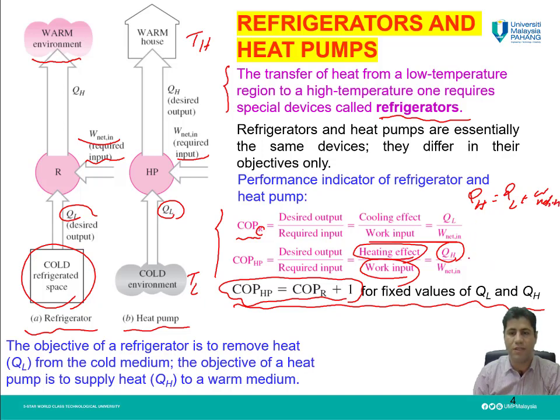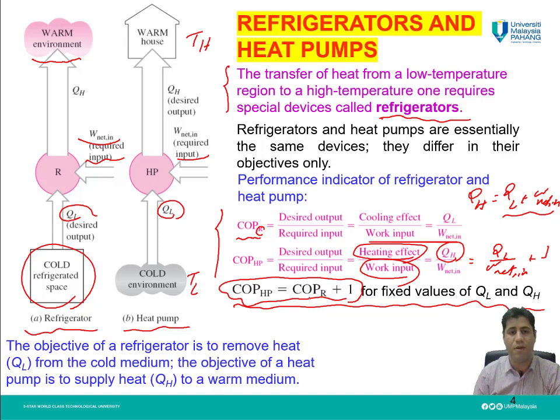If we substitute QH by this, we will have QL divided by W net in plus W net in divided by W net in, which is 1. So QL divided by W net in plus 1. Simply, we can find this equation.